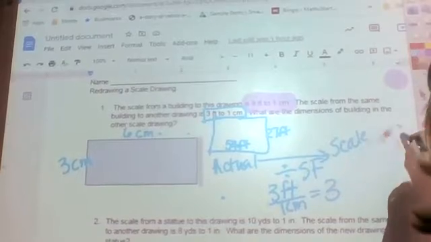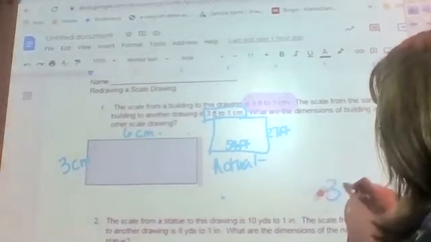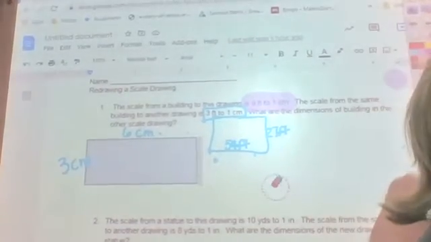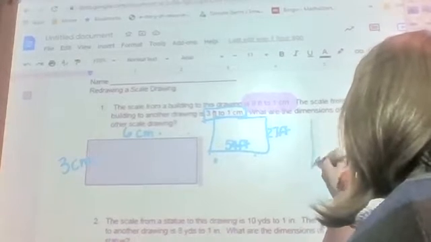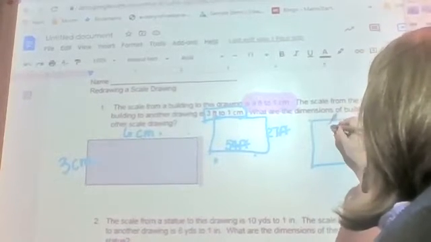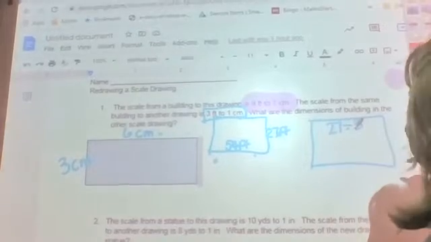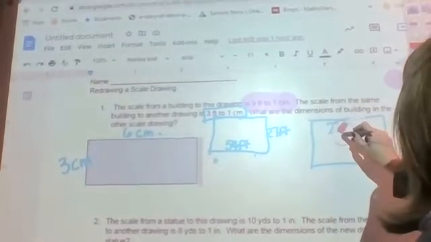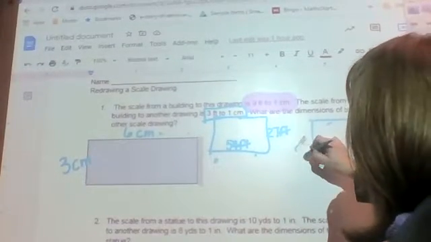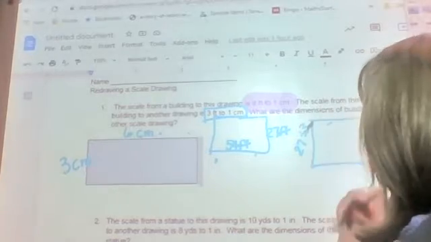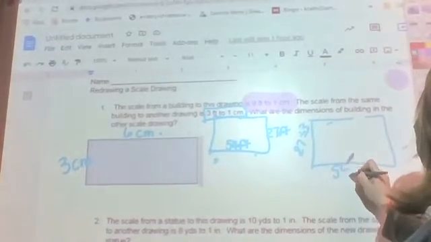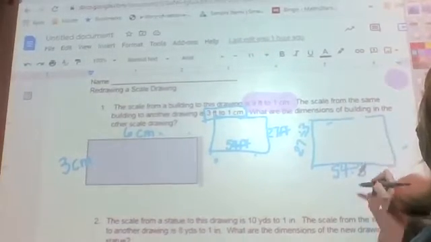So to get our new length, we're going to go 27 divided by 3. Oh, I'm sorry, I wrote that in the wrong spot. Hold on. So we're going to go 27 divided by 3 for this side and 54 divided by 3 for this side.